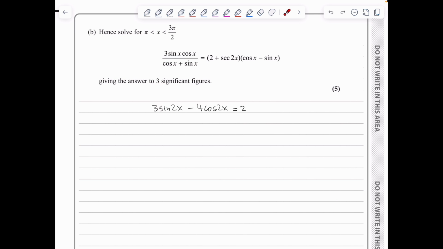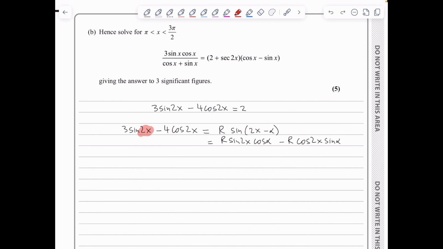And I will be using the R method to combine the sum of the sine 2x and the cos of 2x. So we've got 3 sine 2x minus 4 cos of 2x is equal to R sine of 2x minus alpha. I will expand the right hand side to get R sine 2x cos alpha minus R cos of 2x sine alpha.